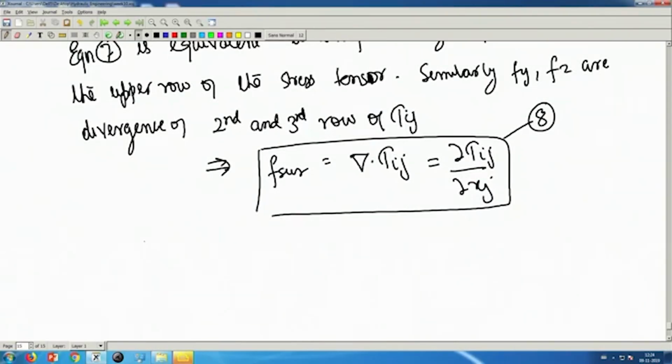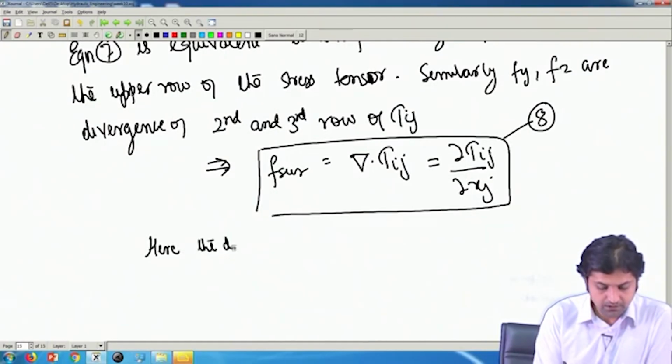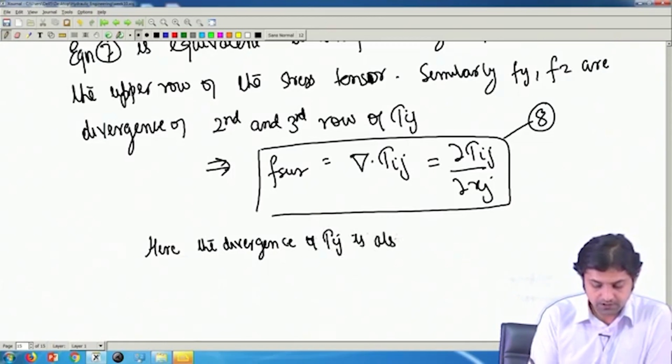it is important to note that the divergence of tau ij is also a tensor.